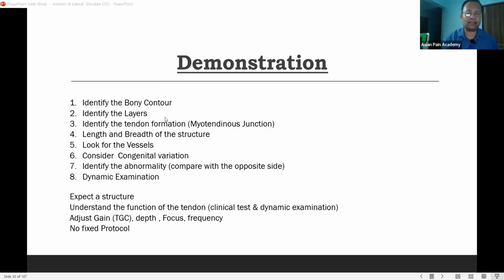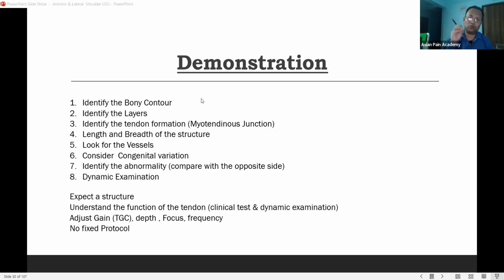And there are some critical areas which are very notorious for tear. That is 1 centimeter proximal to the tendinous insertion on the bone, because blood supply is always less there normally.